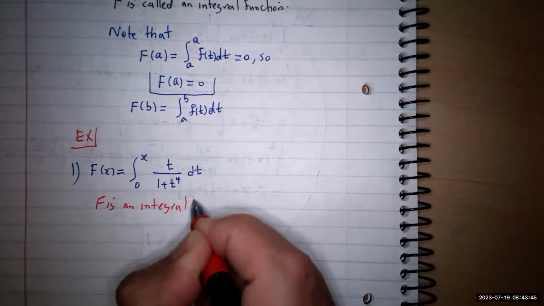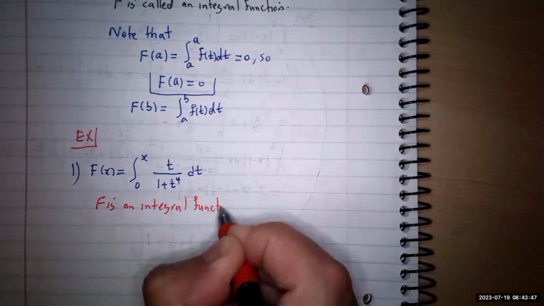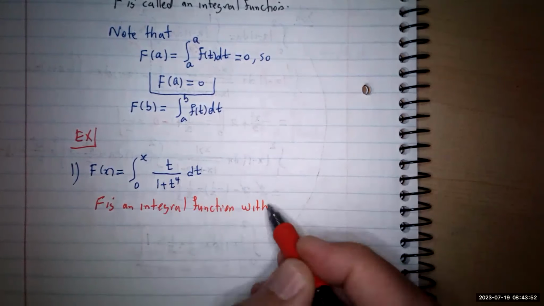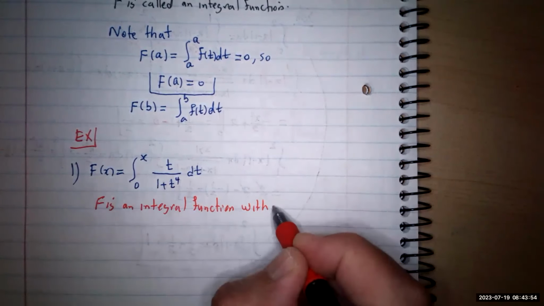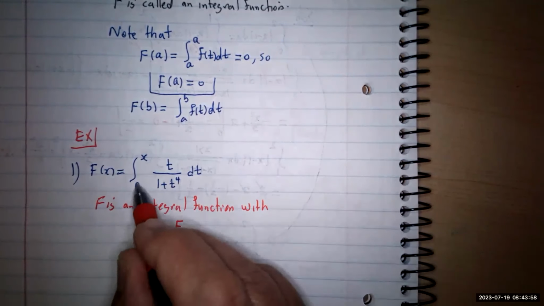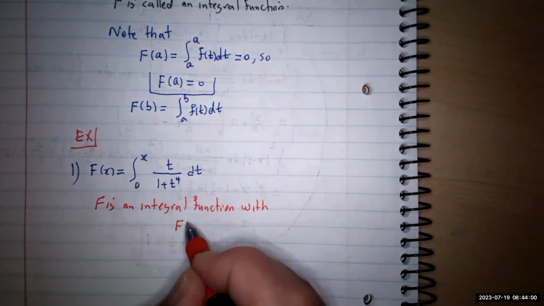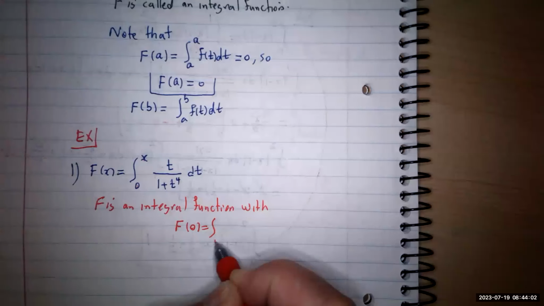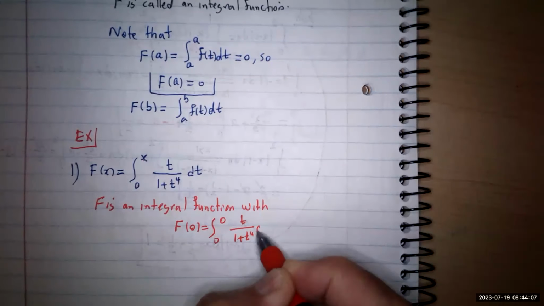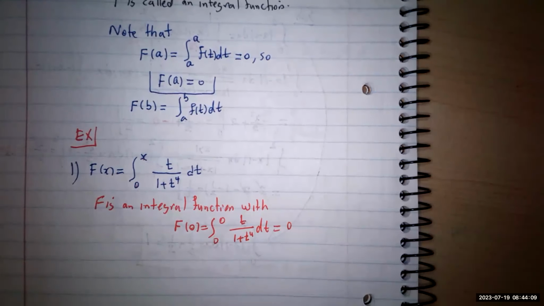Integral function, with the only thing that you can do firmly being f of 0. F of 0, the integral from 0 to 0 of t over 1 plus t to the 4th dt, is equal to 0.